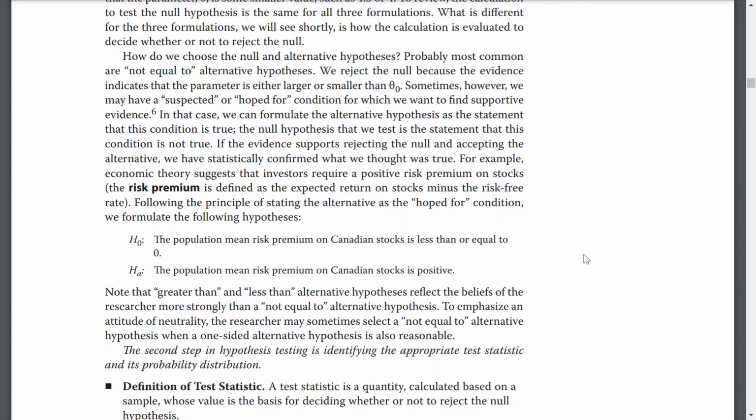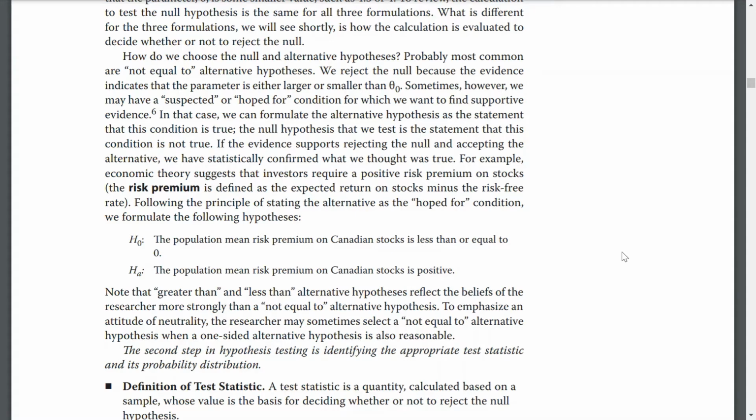In that case, we can formulate the alternative hypothesis as the statement that the condition is true. The null hypothesis that we test is that the condition is not true. If the evidence rejects the null and accepts the alternative, we have statistically confirmed what we thought was true.